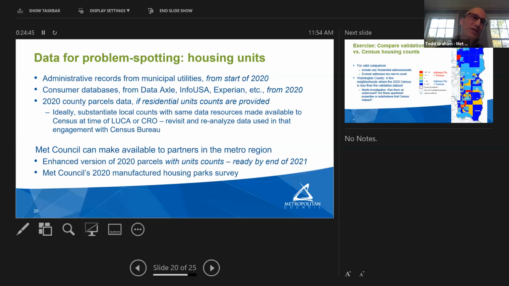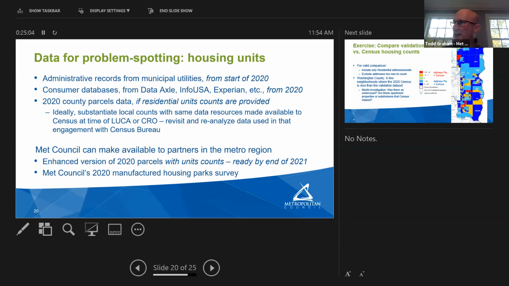You're going to want that data to be current, point in time data from the start of 2020 or first quarter 2020. Anywhere in there is fine.